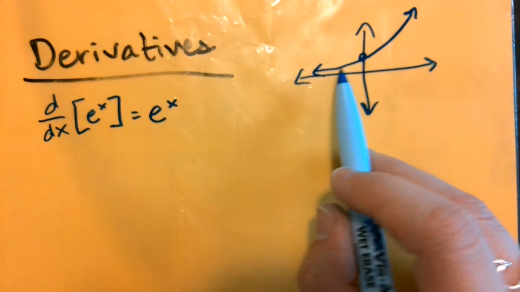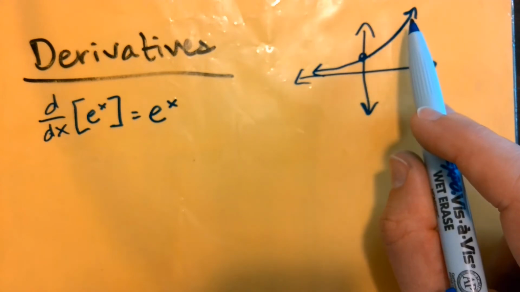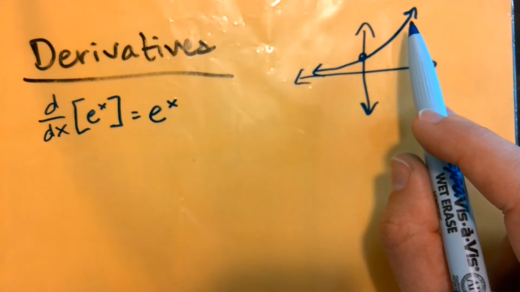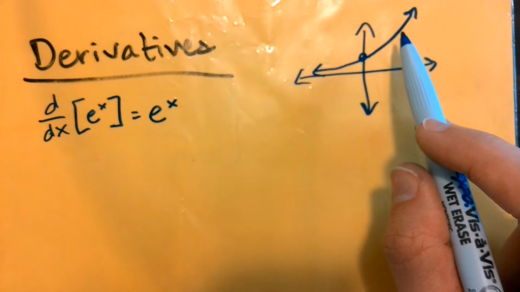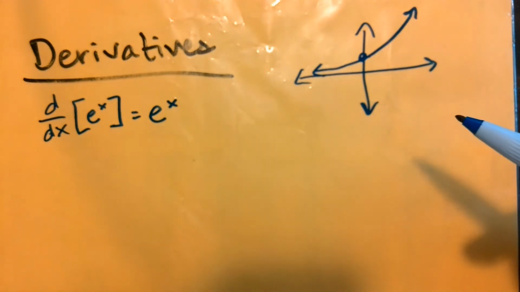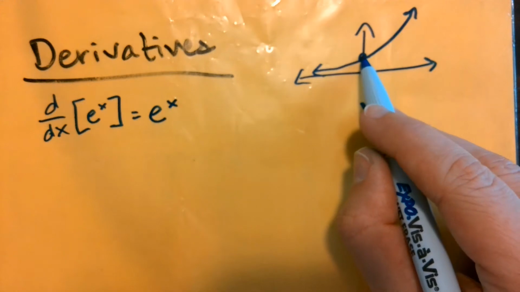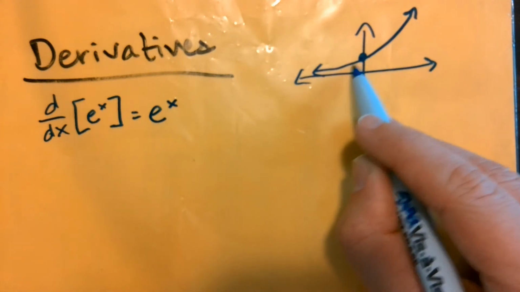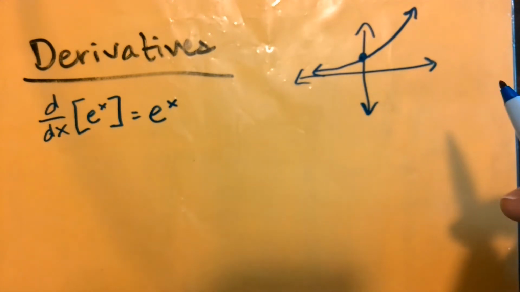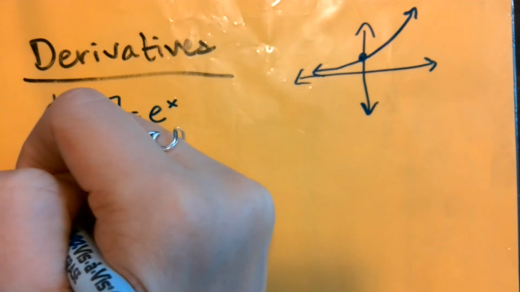And then as the function gets further away from 0, it becomes steeper. So it just so happens that the same y value is actually also the derivative. So that means that my slope here at 0, since the y value is 1, the derivative there, the slope, is also 1. Very interesting.